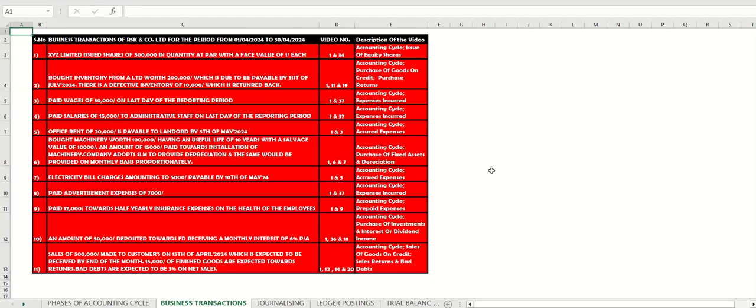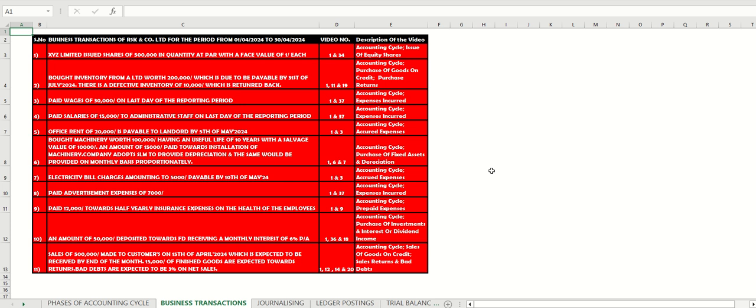Normally, as everybody is aware, for insurance expenses, the premiums are supposed to be paid in advance, then only the risk would cover the future periods, right? So this 12,000 has been paid in advance on the health of the employees by RSK and Co.